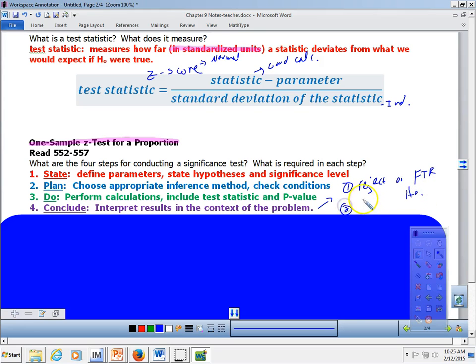And then we will talk about, do we have enough evidence, or do we not have enough evidence to support H sub A, to support our alternative hypothesis? And that is going to be our procedure for a one sample z-test.